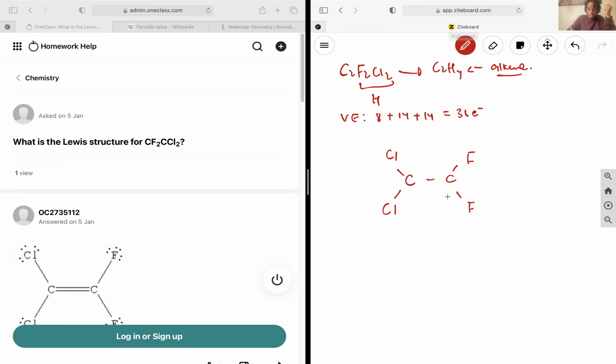And one bond between each. Fill in the octets for your halogens. So 2, 4, 6, 8, and so on up to 36.